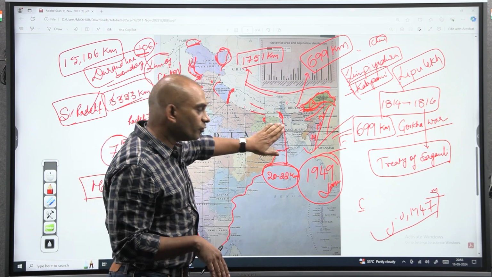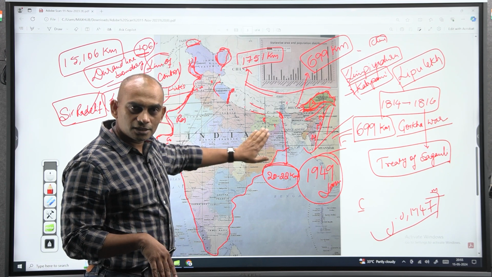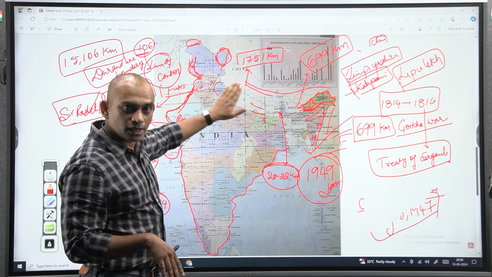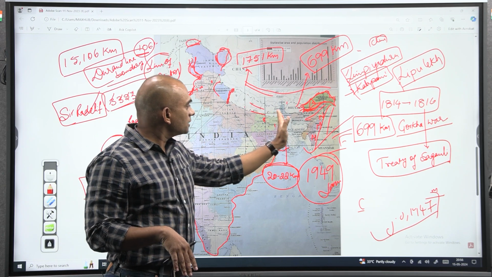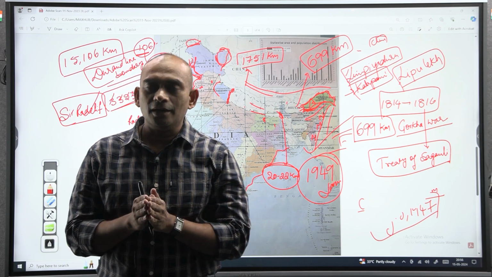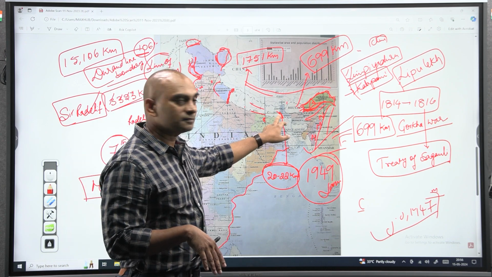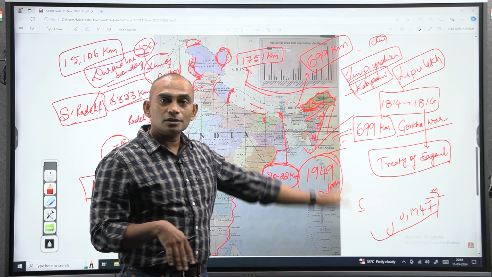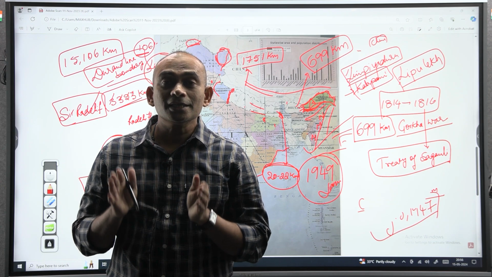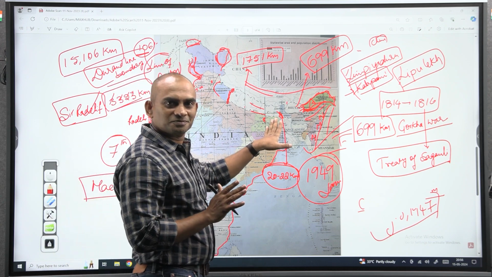Of course, if we consider this entire area as our mainland, and suppose China comes and occupies this region, then the entire northeast would be out of India's control. Okay, so that is another issue.